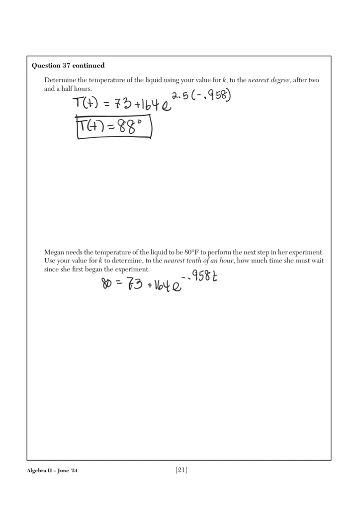For this last part, it's saying that Megan needs that temperature to be 80 degrees Fahrenheit. So we know the temperature is going to be 80 degrees, but we need to determine, to the nearest tenth of an hour, how much time she has to wait to begin that experiment. In other words, at what time will I eventually reach that 80 degrees?